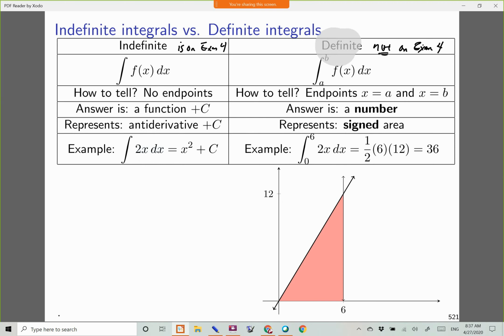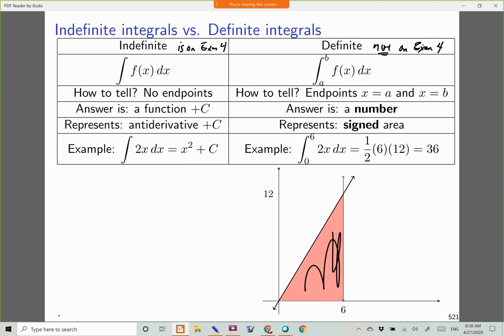So that makes it a definite integral. Not on exam 4, but I drew the picture over here, and the area of this triangle is 1/2 times base times height. It ends up being the number 36. I don't usually simplify these, but I wanted to simplify this all the way down to a single number so that you saw that the answer is a number, and this number 36, that's how much paint you need to shade this region right there.